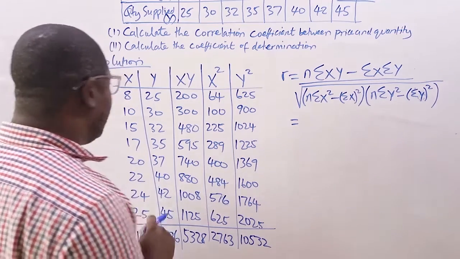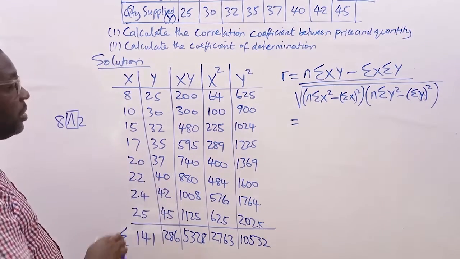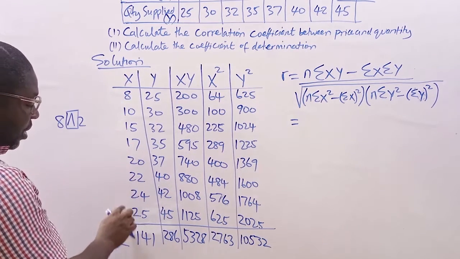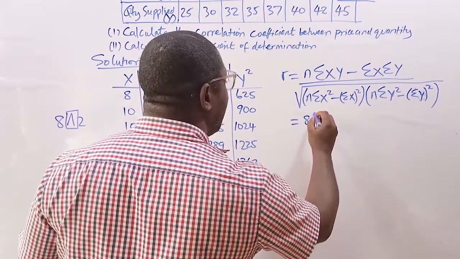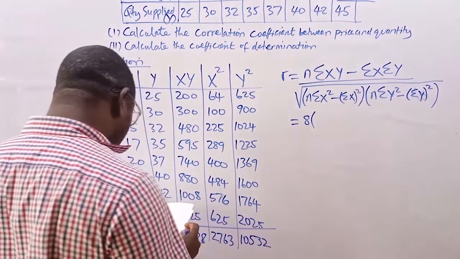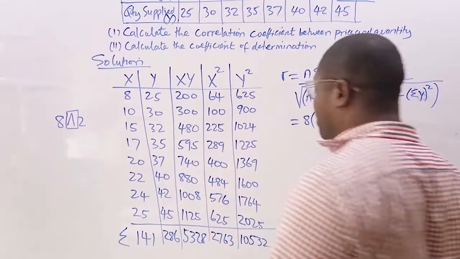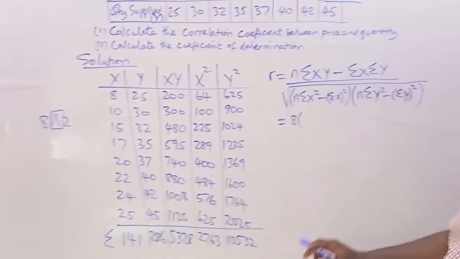What is our n? Well, our n is the number of elements that we have. So we're looking at 1, 2, 3, 4, 5, 6, 7, 8. So 8 is n times what do we have as summation xy?